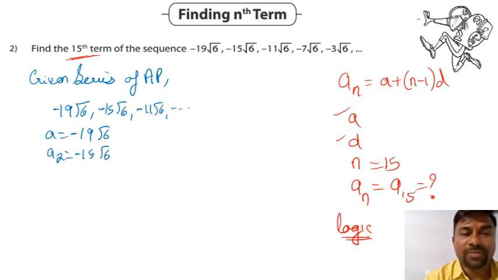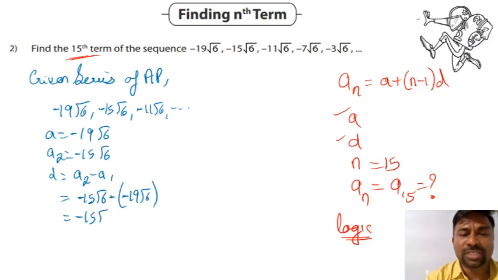Let's find the common difference now. Common difference equals a2 minus a1, which equals minus 15 root 6 minus of minus 19 root 6. If you simplify that, minus 15 root 6 plus 19 root 6, the answer is 4 root 6.